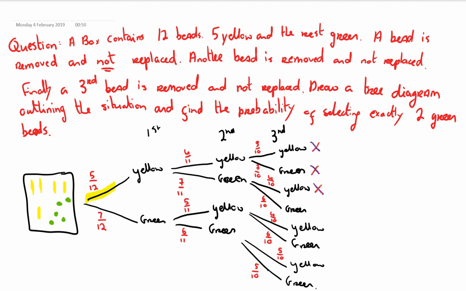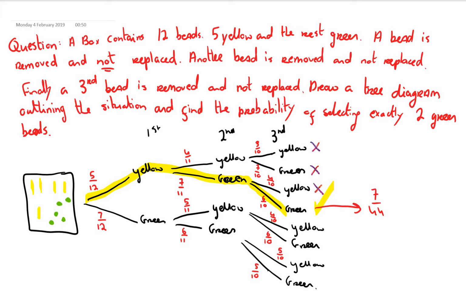So if I go yellow, green, green, that is. Right, so let's see what that is. And that is 7 over 44.